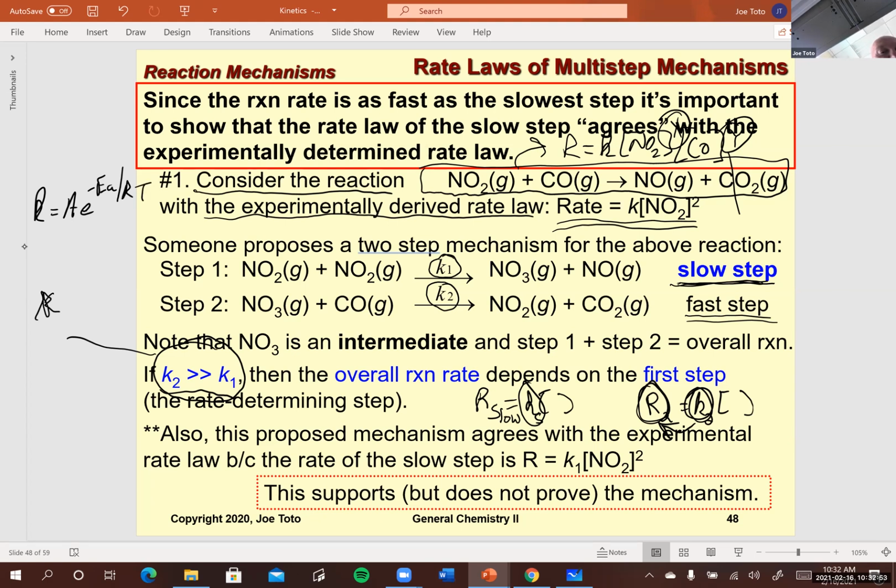So we also know that K is not only affected by temperature, but it's also affected by the activation barrier. So if both of these steps are at the same temperature, then maybe they have different activation barriers for those steps. And the one with the slowest step is most likely to have what activation barrier compared to the faster one?